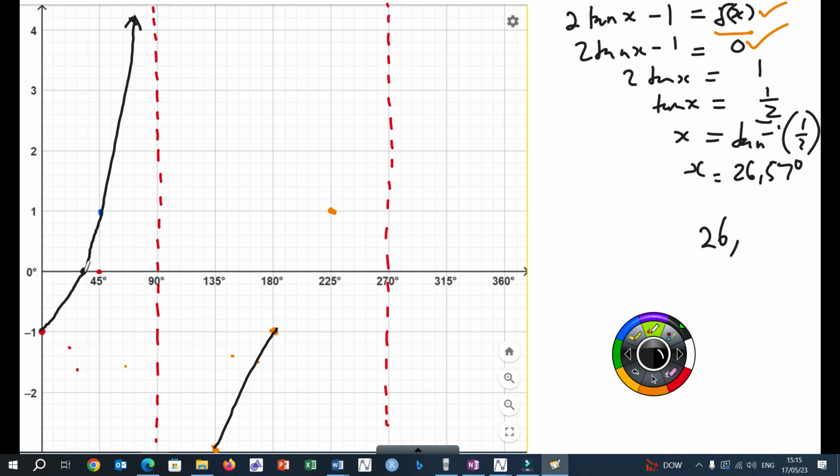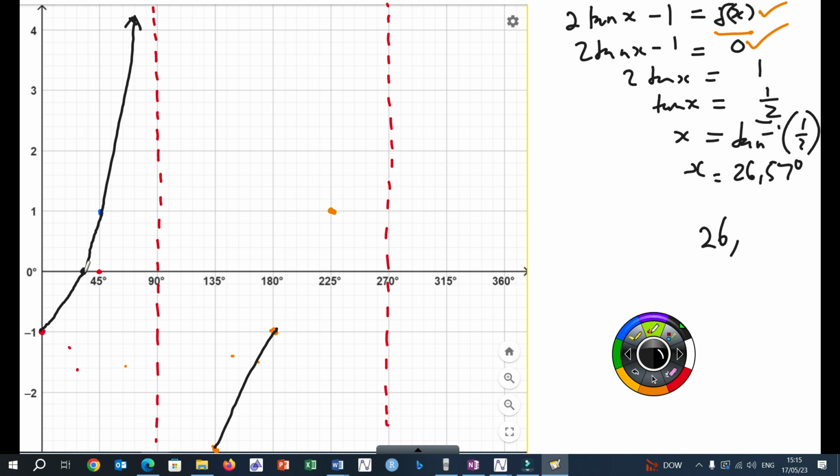We don't know. So don't rush to say you don't know. That's why I say think. Your question is very deep. We want an angle in the third quadrant which is related to 26.57, but we only know 26.57.